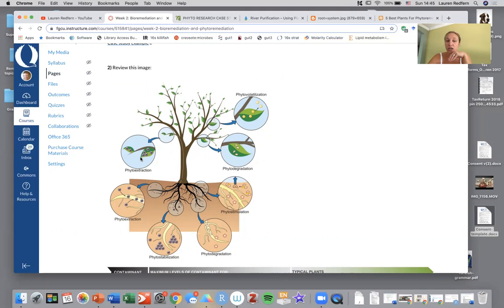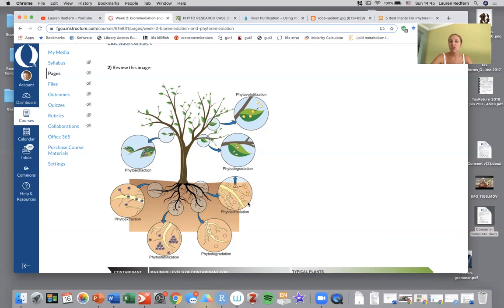So phytoextraction in the leaves or in the roots would be just storing it. Stabilization would be to change its compound and make it less reactive, done by the roots. And then degradation, as I mentioned, in the leaves or in the roots, where it's breaking it down into smaller chemicals. And phytostimulation is where you're stimulating, maybe providing some extra nutrients for the microbes to interact with the roots and the chemicals.